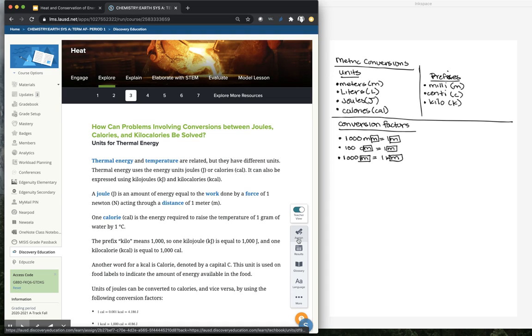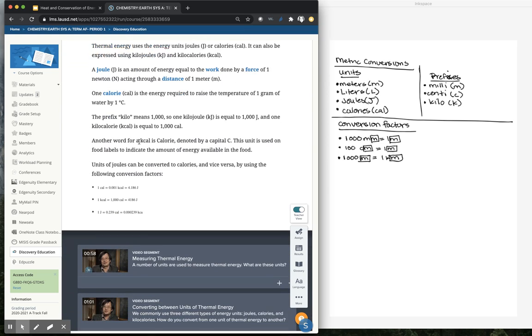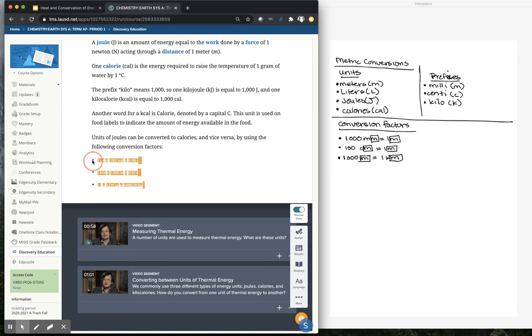Next, we had some conversion factors given to us in our book. And so on the left-hand side of the screen, you can see in our book under section 3 of Explore, down here, we were given several different conversion factors. So I'm just going to remind myself of those conversion factors for when I'm doing the work.